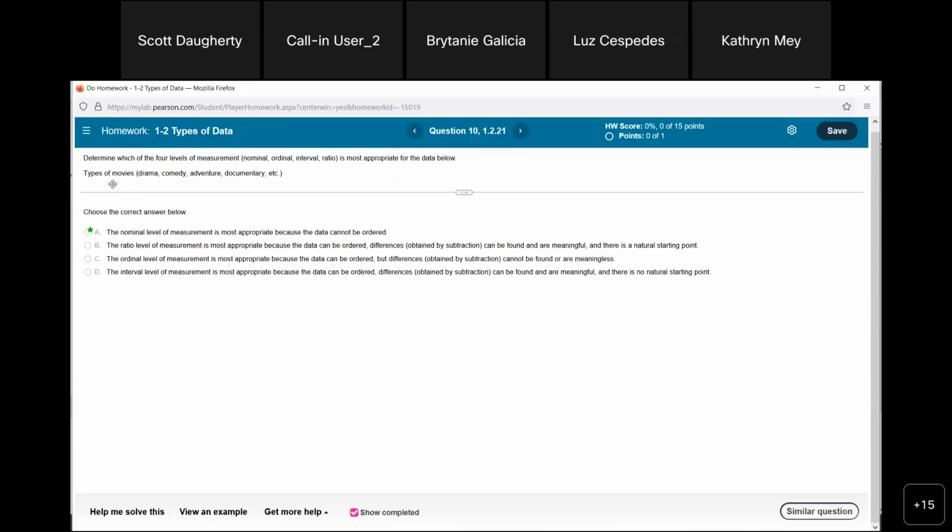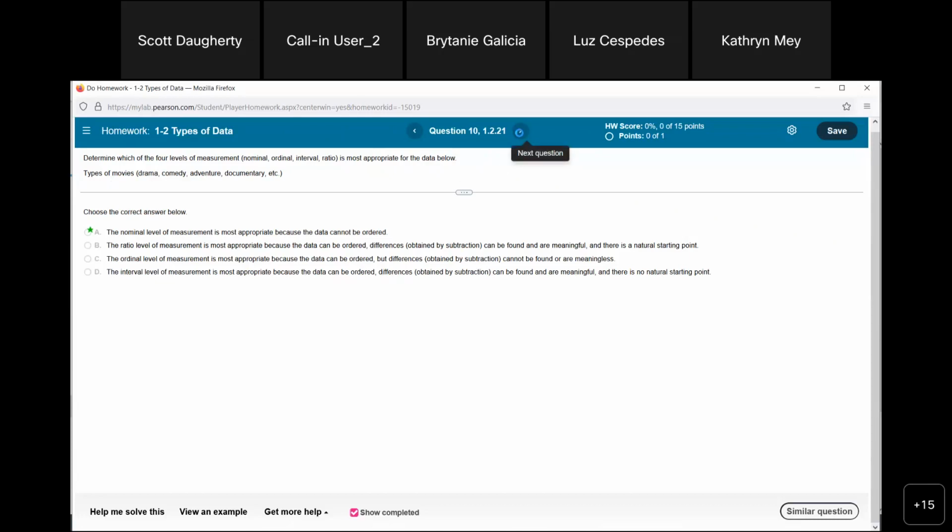And we label them drama, comedy, adventure, documentary, like they do on Netflix or something. That's a nominal level of measurement, because all you're doing is creating categories for your data. So if that's all you have is categories, it's called nominal data, or nominal level of measurement.